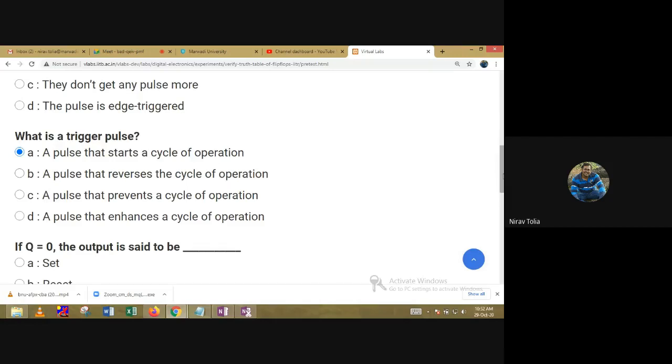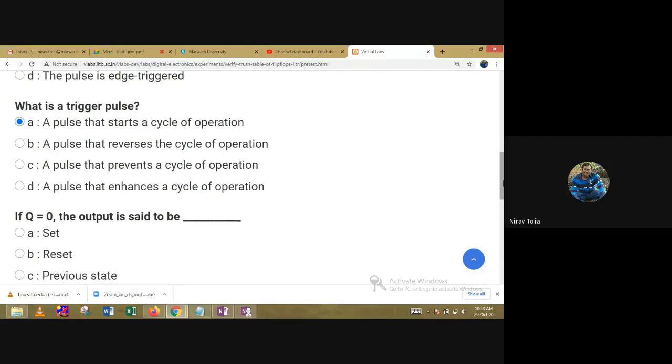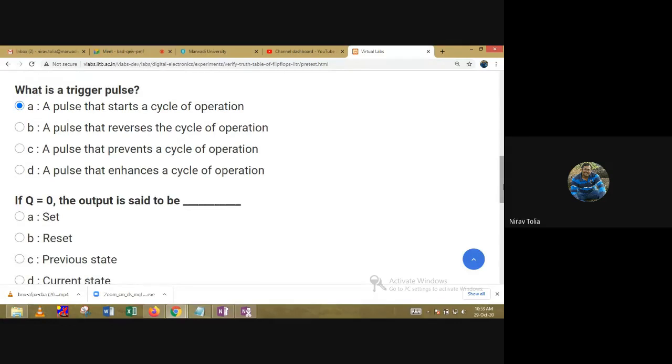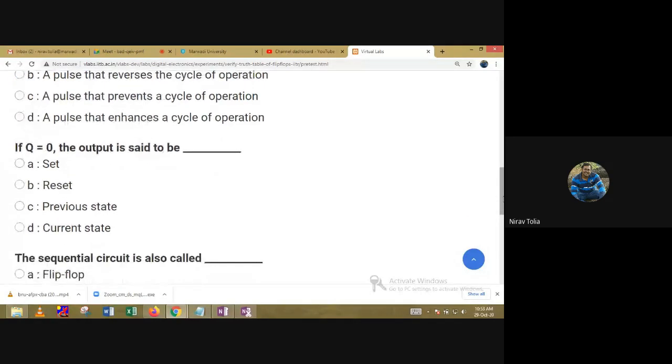When we are giving the triggering, or when we are giving a clock to the flip flop, then it starts the operation. So A is the answer for the second question.